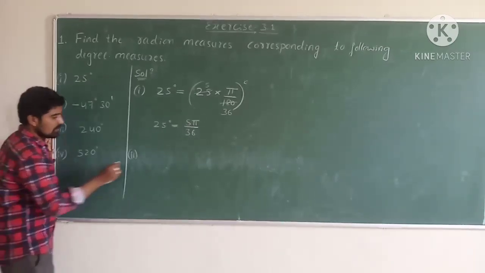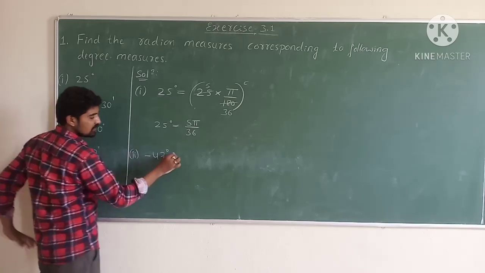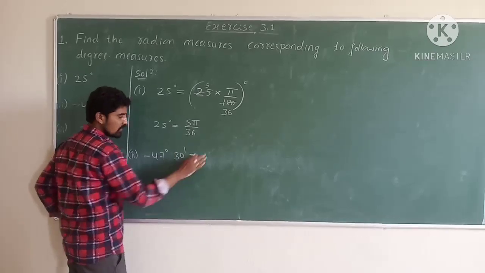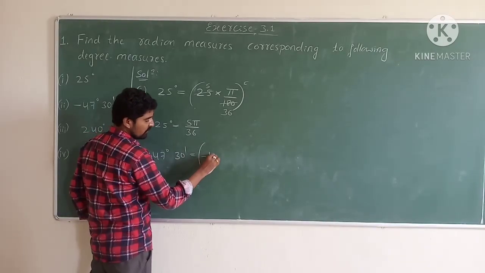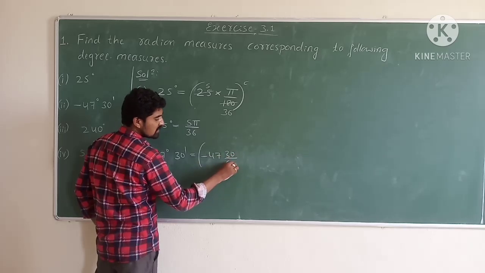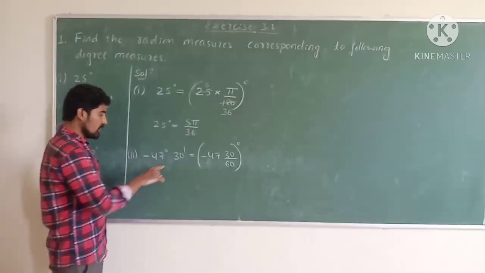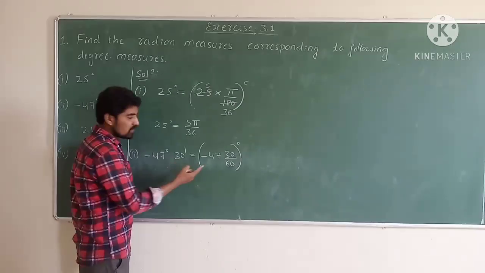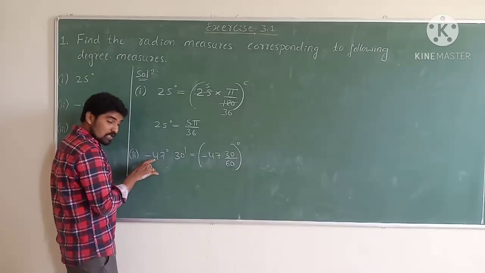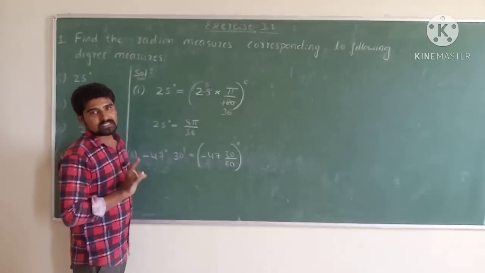So therefore minus 47 degrees 30 minutes is equal to minus 47, 30 divided by 60, total converted in terms of degree. Minutes have to be converted into degrees by dividing by 60. Suppose degrees have to be converted into minutes, then multiply by 60. Remember that.